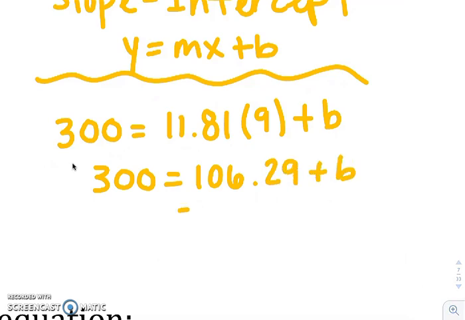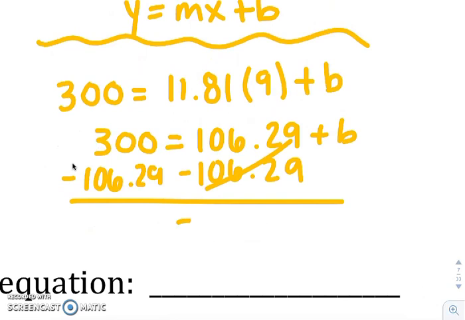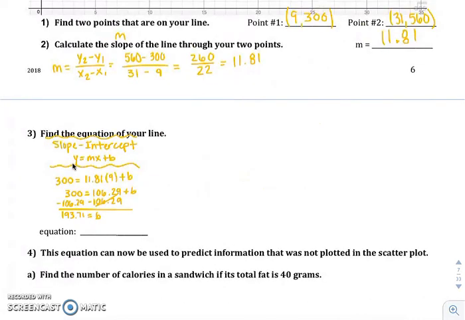And then just subtract that over to find your b. So 300 minus 106.29 is 193.71.